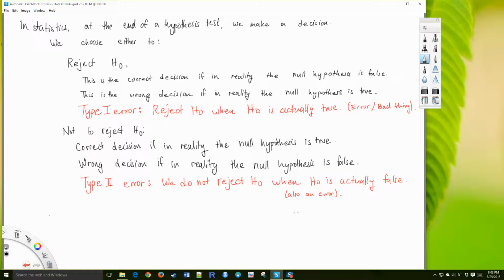But because of the nature of random data, sometimes our data causes us to make the wrong conclusion. And so these are the two types of errors that we can make. All right, is this okay?